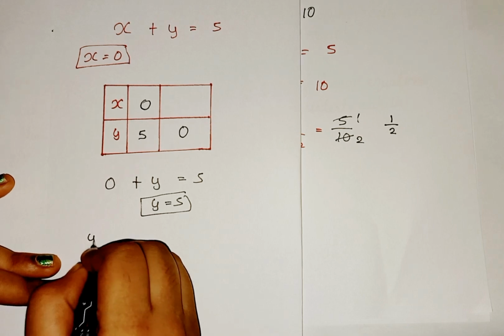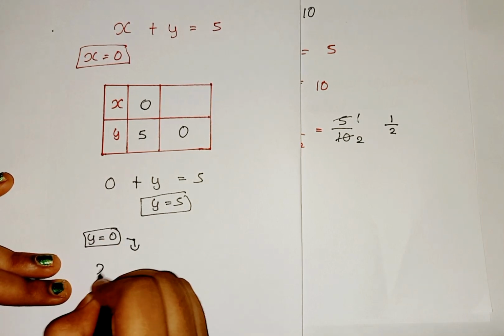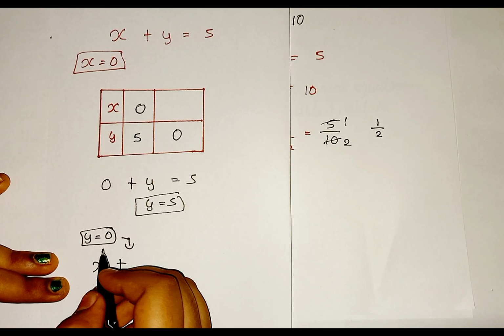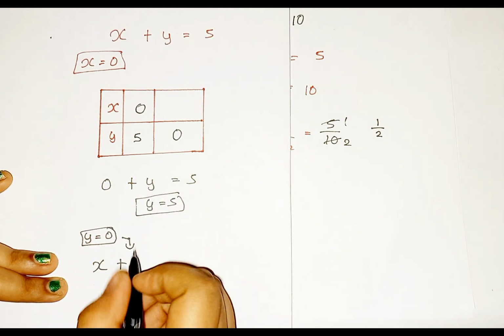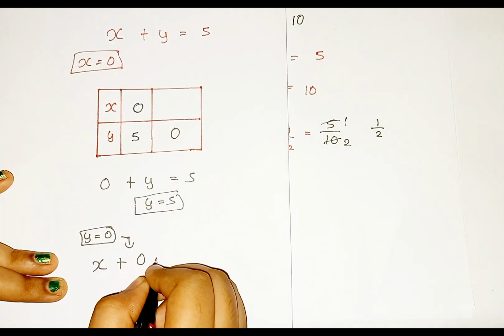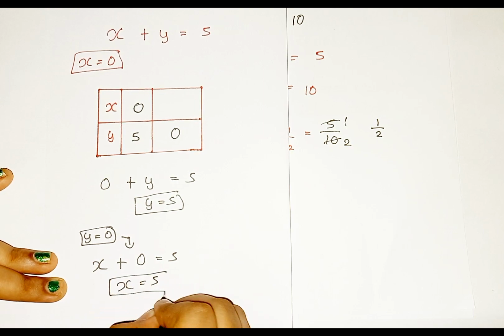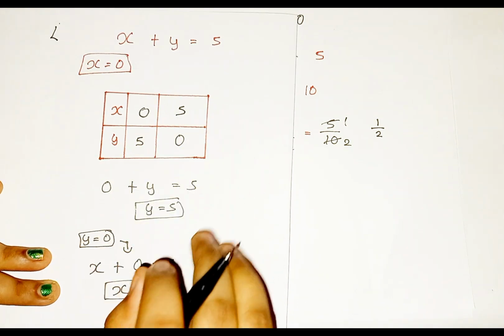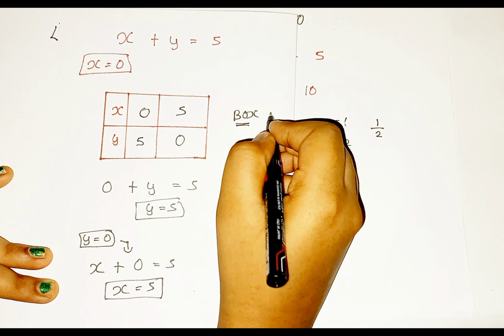In the place of y, let's write 0: x plus 0 is equal to 5. So x is equal to 5. We got the x value, that is 5, so I'll write it here. I'm going to take this as box number 1.